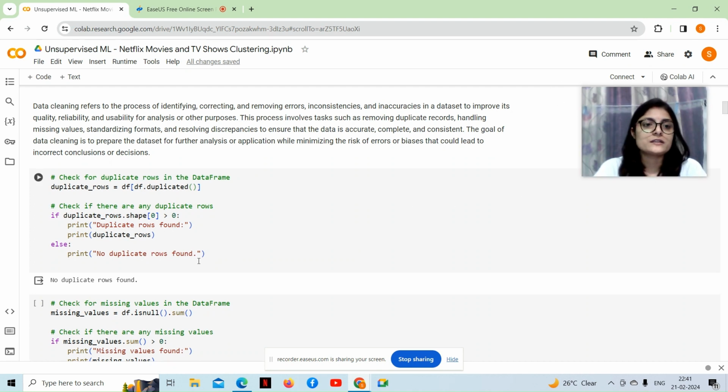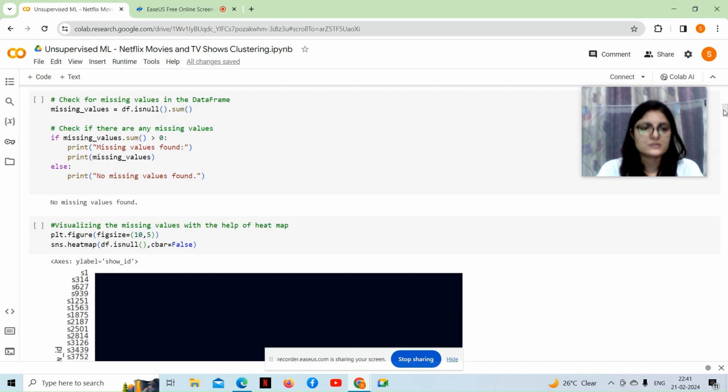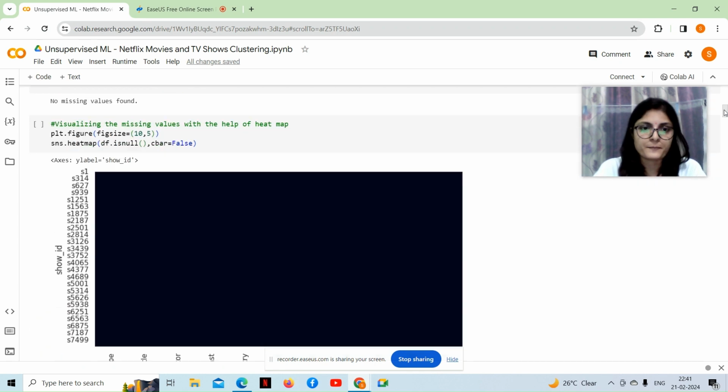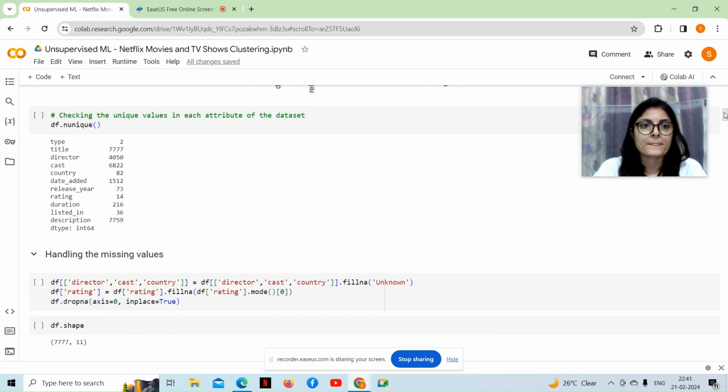So, first, what we did, check for duplicate rows in the data frame. So, no duplicate rows found. Now we are checking for the missing values, and no missing values were found in the data set. Then checking the unique values in each attribute of the data set: the number of titles, directors, cast names, countries, date added, how many.